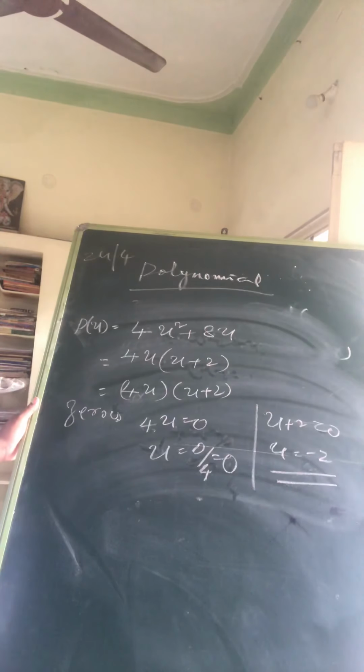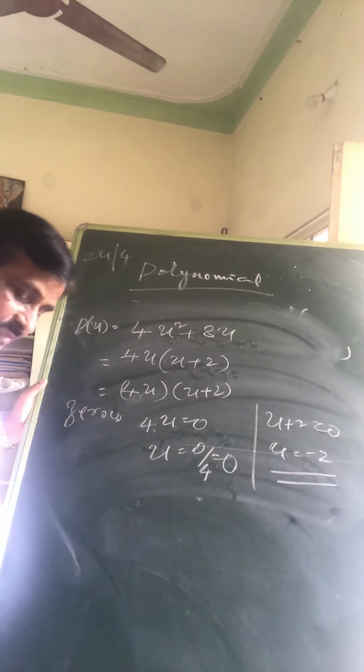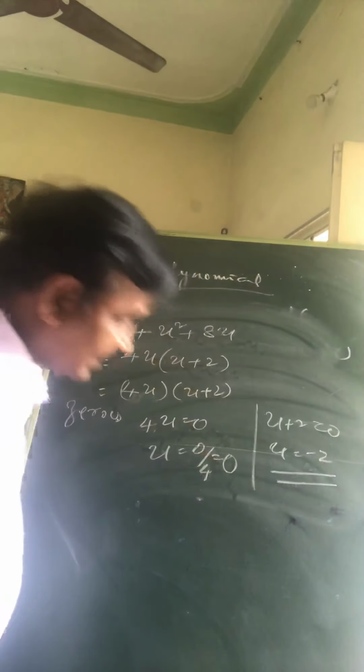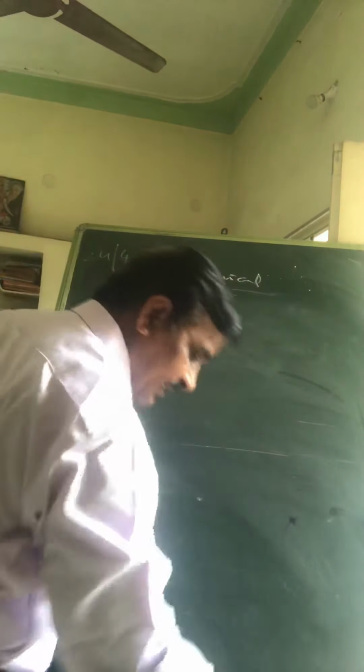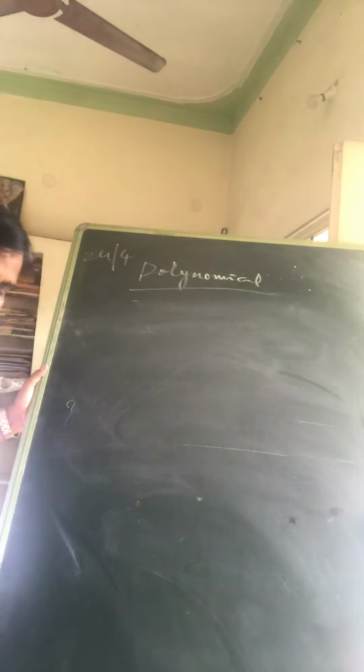That means for this, the zeros are 0 and minus 2. Okay? Did you understand that? These were also discussed in the earlier classes. Now again, all this we are giving only for recollecting the earlier things.